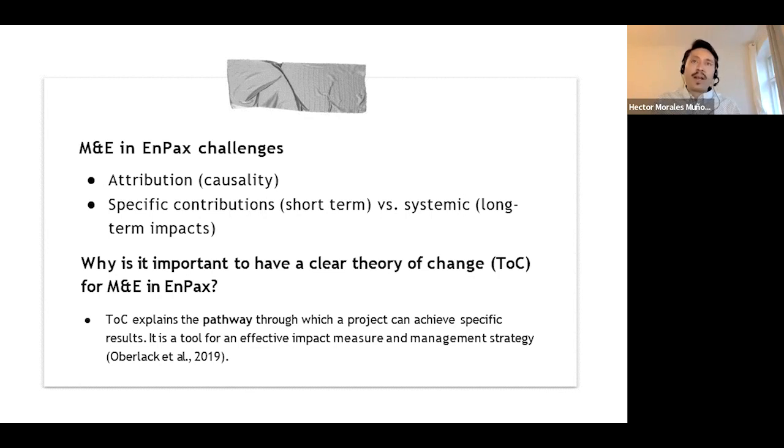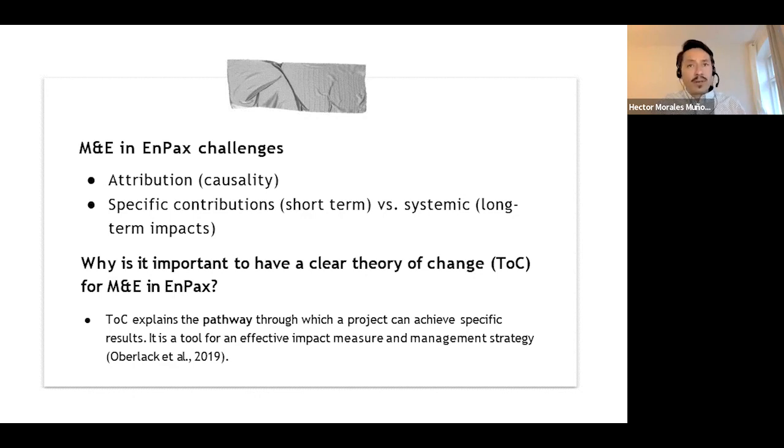So basically, to allow to explain causality between a specific activity and an impact on areas such as peacebuilding, which are complex processes. So one of these challenges is, for example, to assess a specific contribution at the short term and how these translate into systemic long-term impacts in peacebuilding processes.